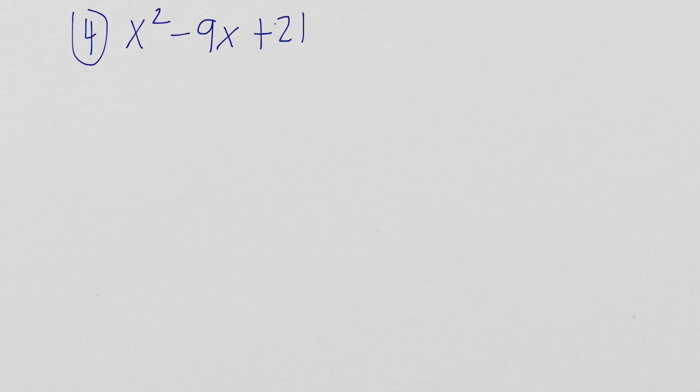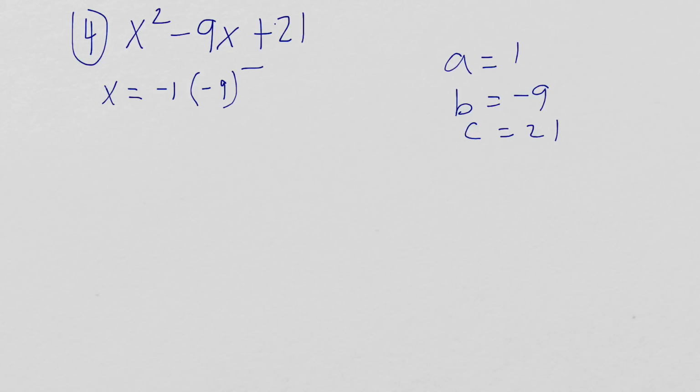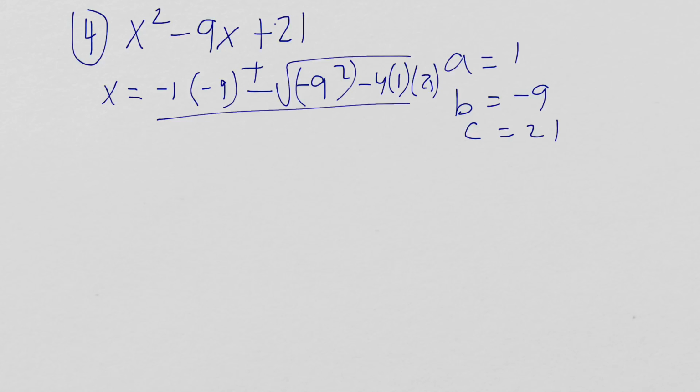All right, let's go ahead and find our A. A is going to be 1, B is going to be negative 9, and C is going to be 21. So x equals negative 1 times negative 9 plus or minus the square root of negative 9 squared minus 4 times 1 times 21, all divided by 2 times 1.